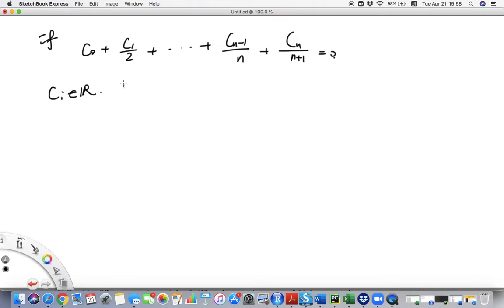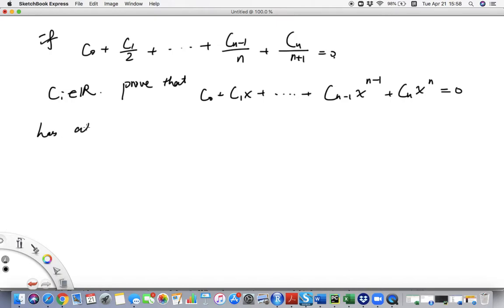Prove that the equation C0 plus C1x plus all the way to Cn minus 1 x to the n minus 1 plus Cn x to the n is equal to 0 has at least one real root between 0 and 1.